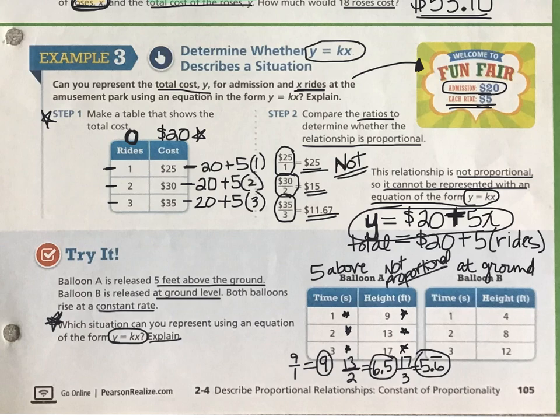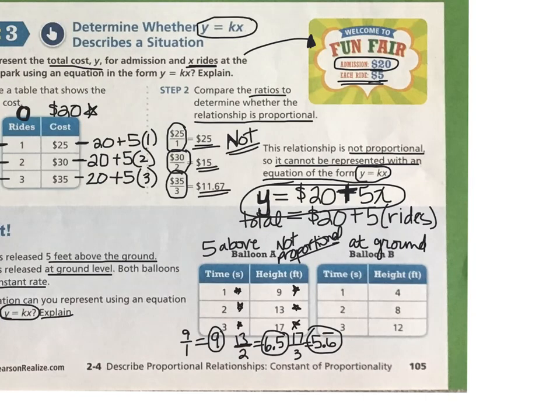Now let's take a look at balloon B. Whenever the balloon was let go, at 1 second, it was 4 feet off the ground. At 2 seconds, it was 8 feet off the ground. And after 3 seconds, it was 12 feet off the ground. So each of those will also create a unit rate, just like we did before.